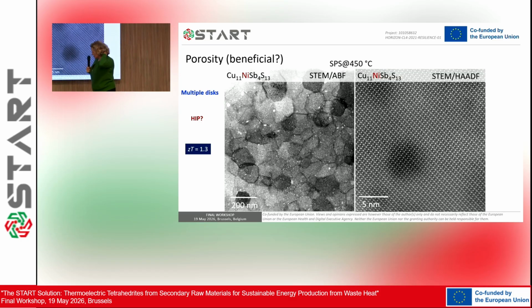Now this is very interesting. In these previous microstructures that I showed you, Marcin had made our samples with one disk. Later on, when Marcin was trying to upscale the production of tetrahedrite, he started to make 3 and more disks in the same well.